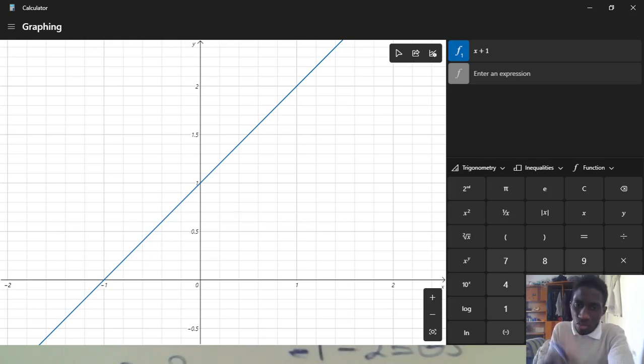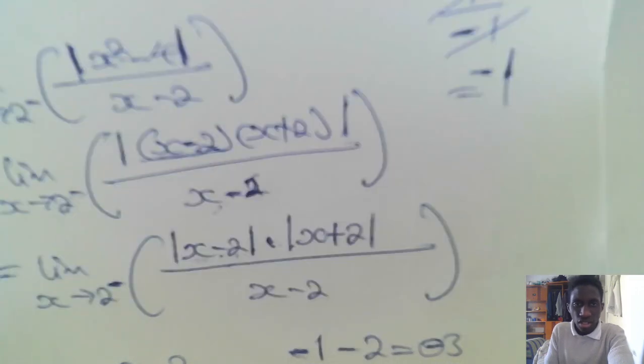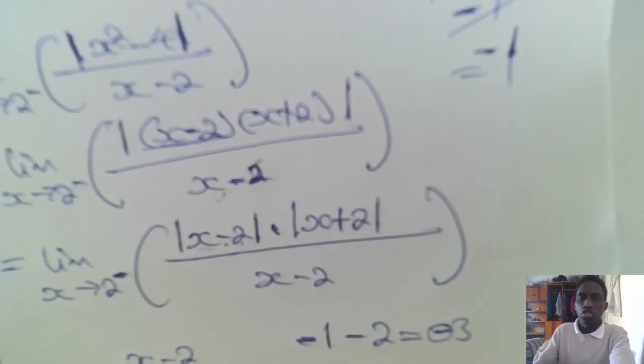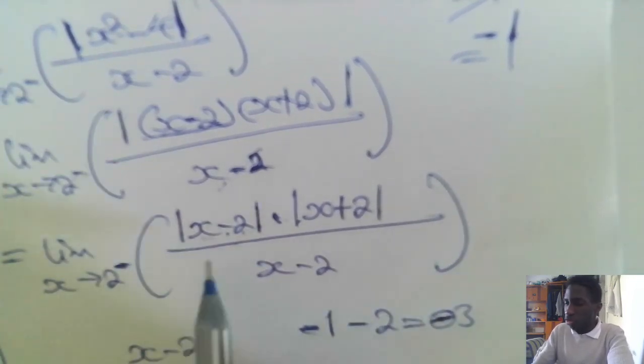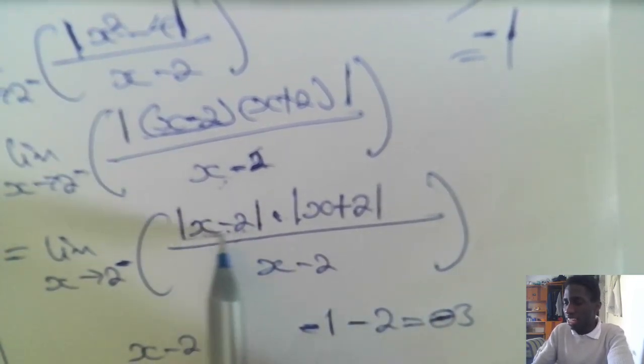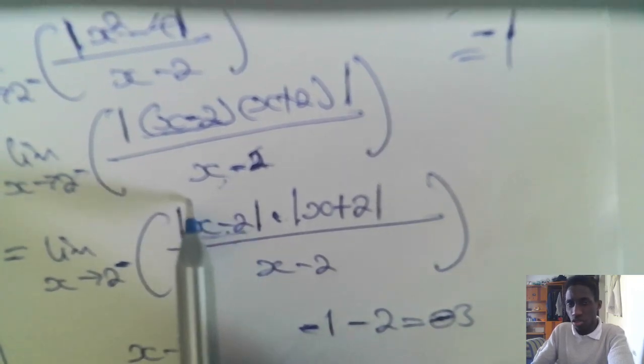I'm taking my time to explain this because people get it wrong here a lot. So I approach from the left of 2 and I'll be getting negative numbers. It therefore means that x minus 2 is negative, giving negative results as we approach 2.